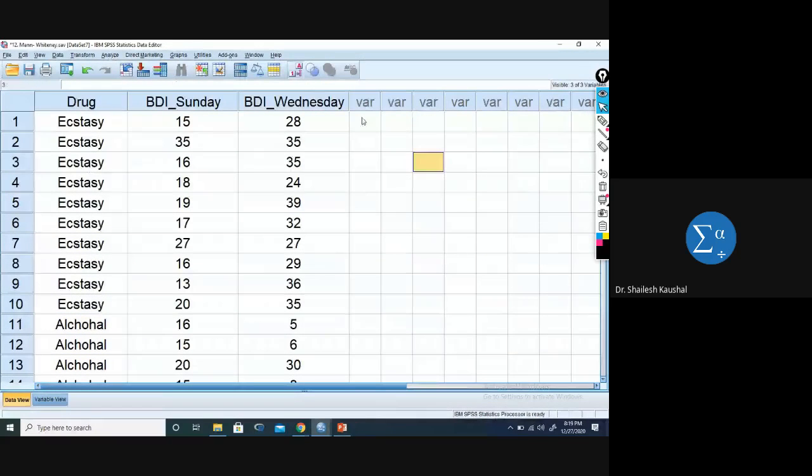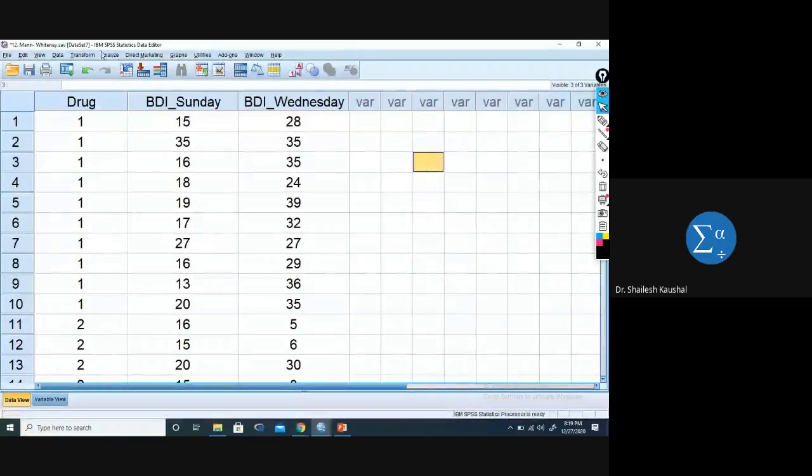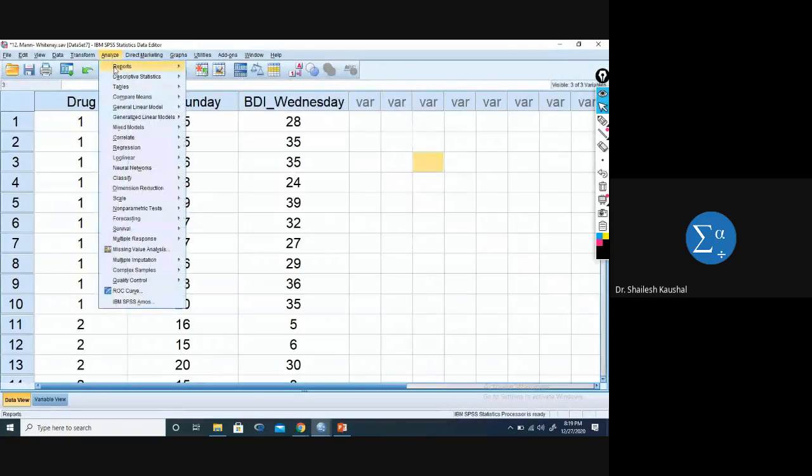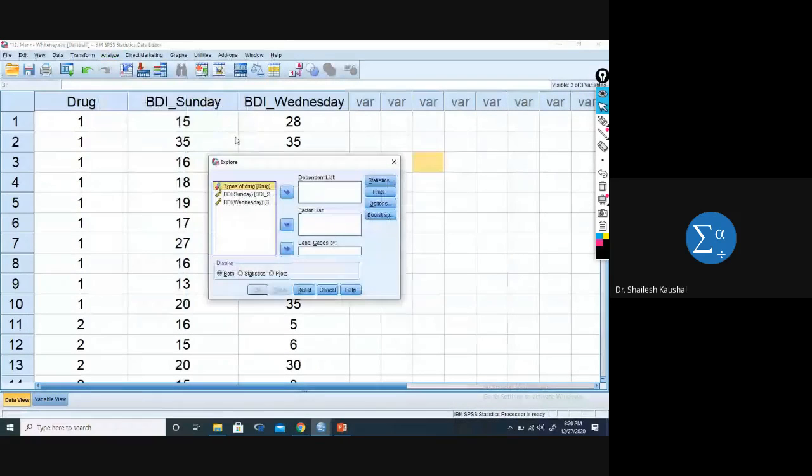Now we can check the normality and homogeneity of this data. Analyze, descriptive statistics, explore.